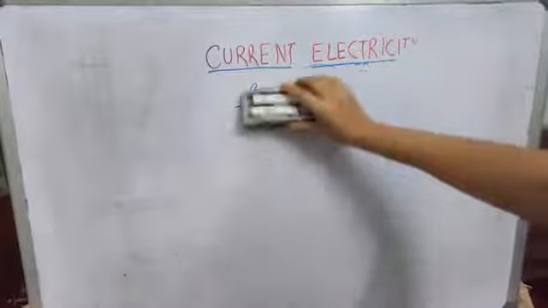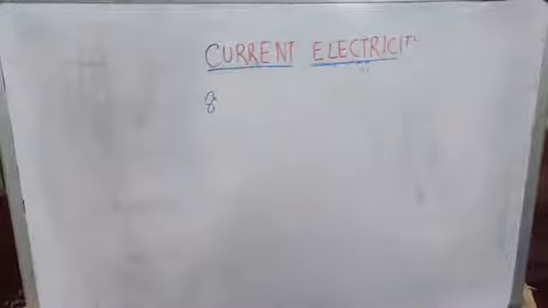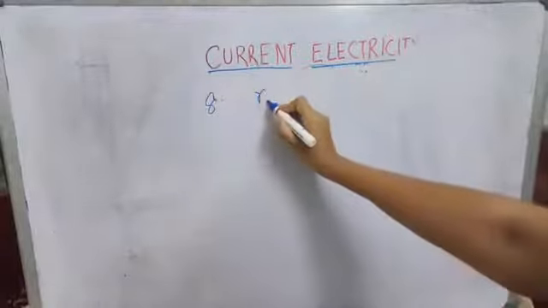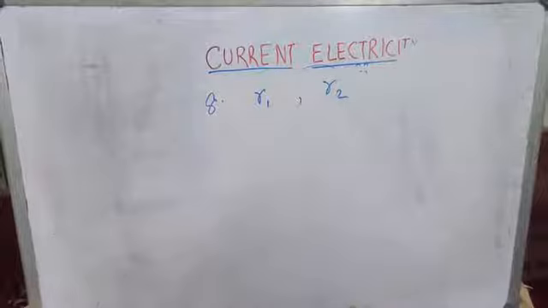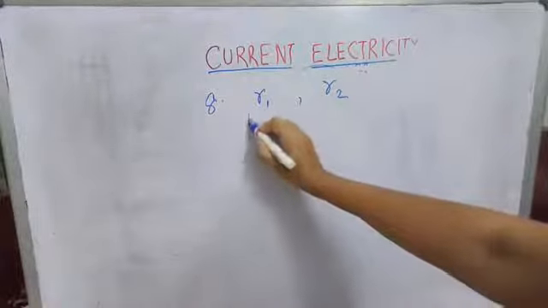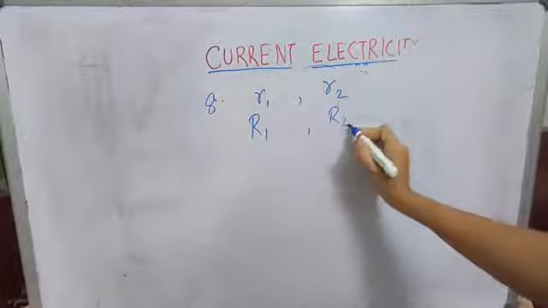Let me move on to one more problem. Question number 8 from exercise 8A. Let me read out. 2 wires of same material and same length have radii R1 and R2. Compare the resistances and resistivity. Let the resistance of the first wire be R1 and the second one be R2.